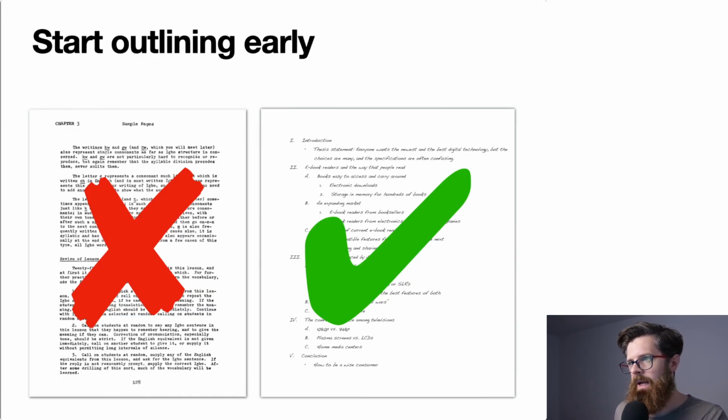Another quick tip that I'd recommend is, don't think that you will just sit there and write your literature review from start to finish. I think maybe there are some people who can do this quite well, but personally I think that this is a bad approach.